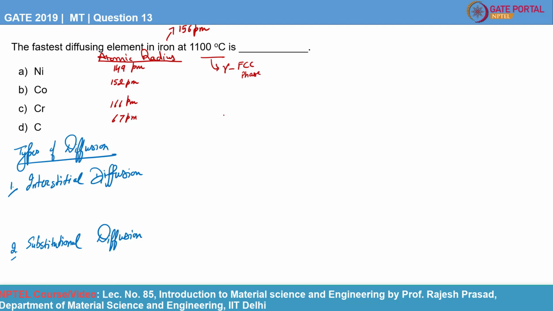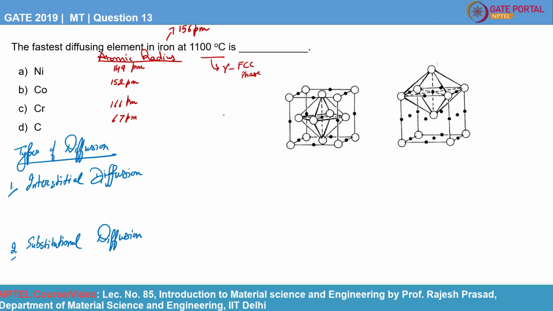If you look closely, these are the octahedral voids present in FCC and BCC. This is the FCC lattice, this is the BCC lattice, and these are the octahedral voids present in these two phases. In FCC, there are 4 voids per atom, while in BCC, we have more voids, 6 voids.